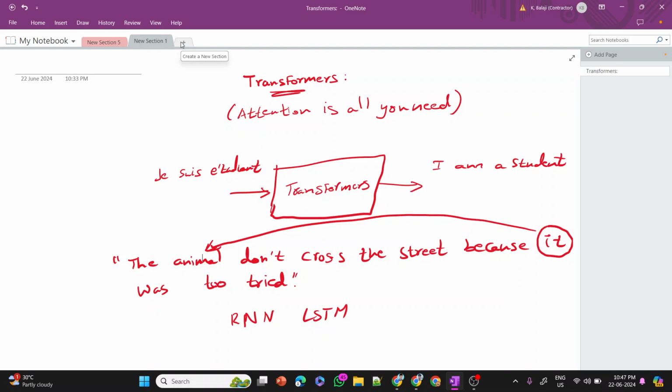Okay, let's see what is inside a transformer. How does the transformer understand the overall sentence, and how does it give the desired output for us?